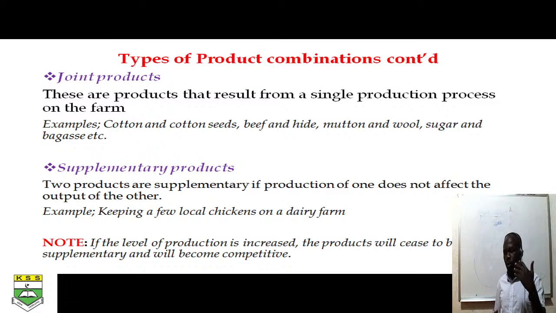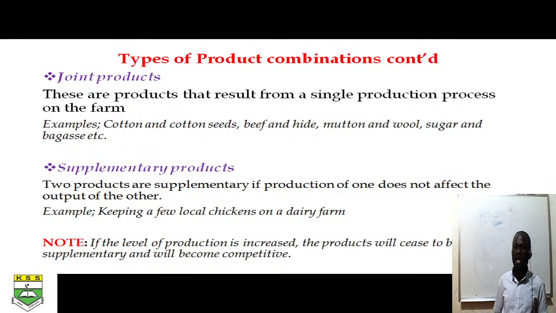In this case we say that the chicken are supplementing the dairy farm. The main thing we are having are the dairy animals, but we can decide to have a few chicken there. They have no effect on the productivity of the animals.